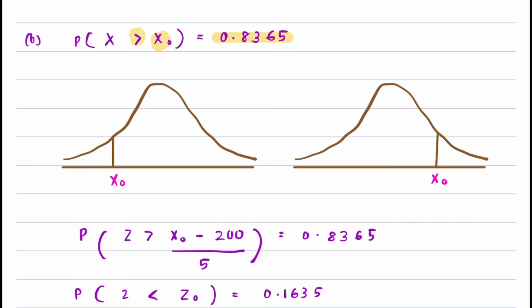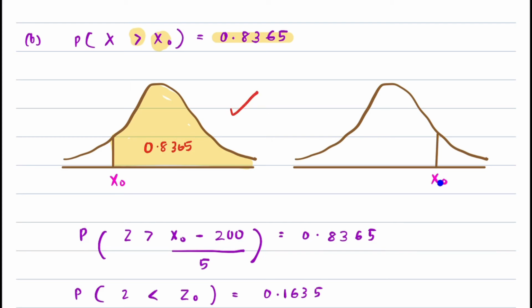If your symbol is more than, meaning that the shaded area is everything at your right hand side. So is it possible this area will be equal to 0.8365? The answer is yes, because this is more than half. So this is the correct diagram for question part B.